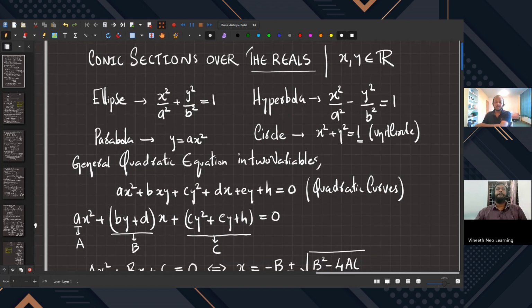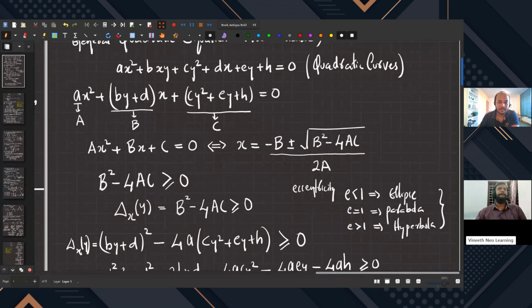This is the idea here. ax squared plus bxy is our original equation. We have made it into an equation in x. This is actually a rearranged form; it's still an equation in x and y.